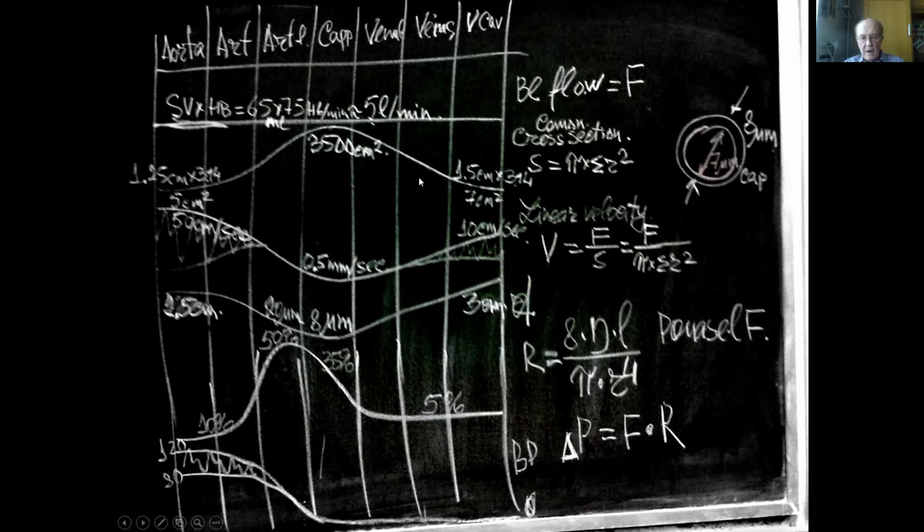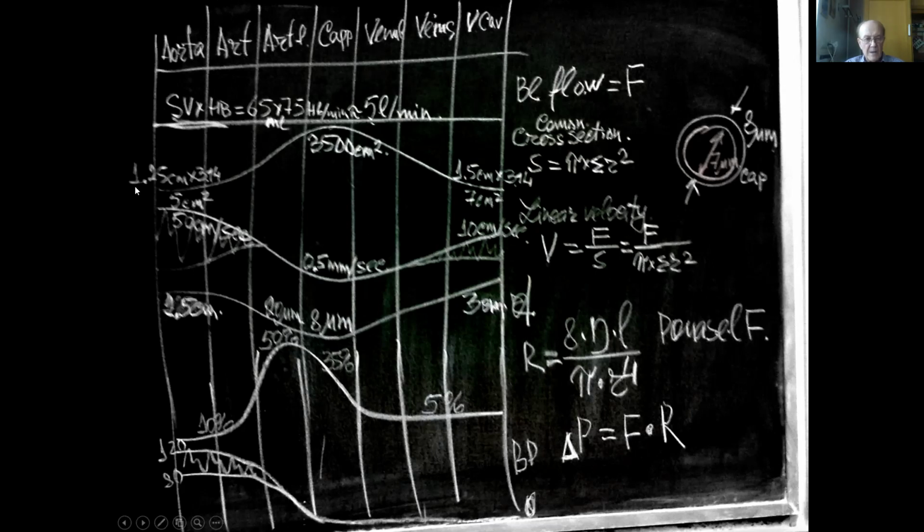This is the other parameter. This is the common cross section, S. What is this? This is the figure pi, 3.15, multiplied by the radius squared, but not one radius of the vessel. This is the summation of all radii of all vessels, of all capillaries, all arterioles, all venules.